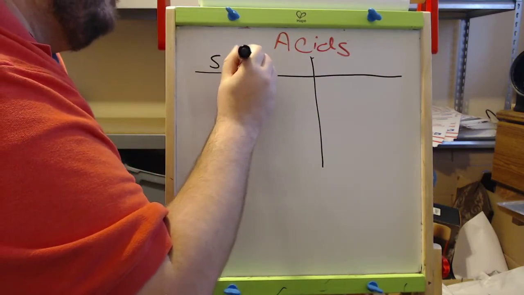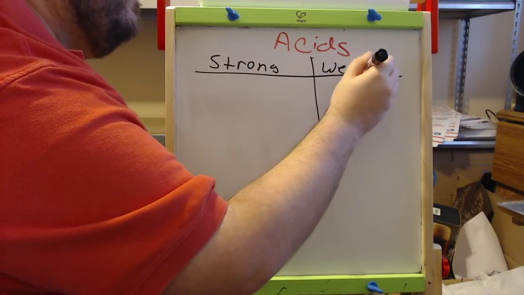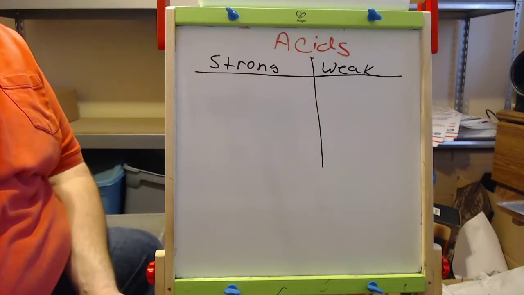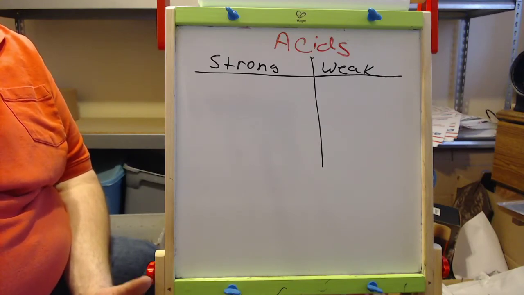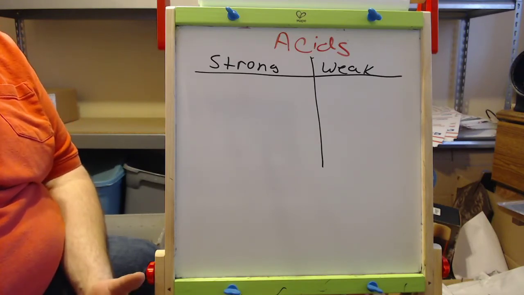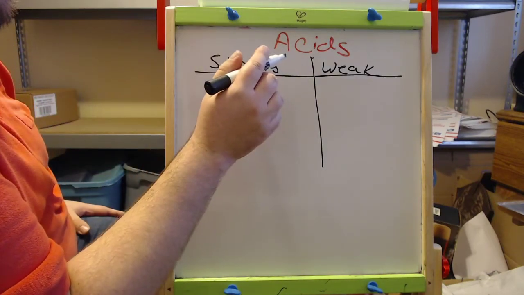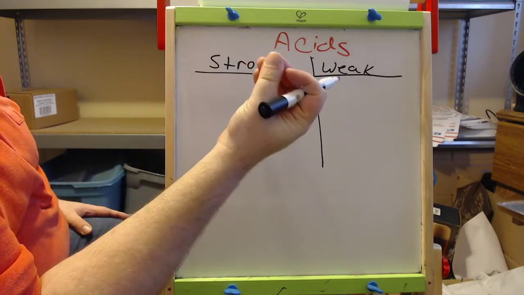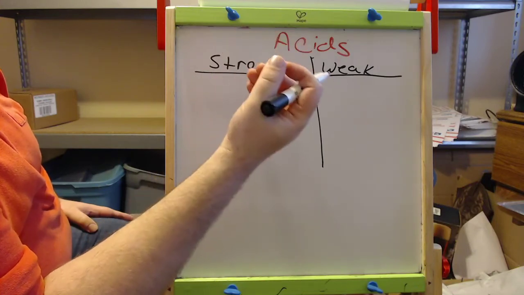Strong acids and weak acids. Now, strong and weak doesn't mean that if I'm a weak acid, I could pour it all over myself and bathe in it. Weak acids should be handled with care just as strong acids. What strong and weak mean is the same thing as a strong electrolyte and a weak electrolyte: how much breaks down or dissociates.